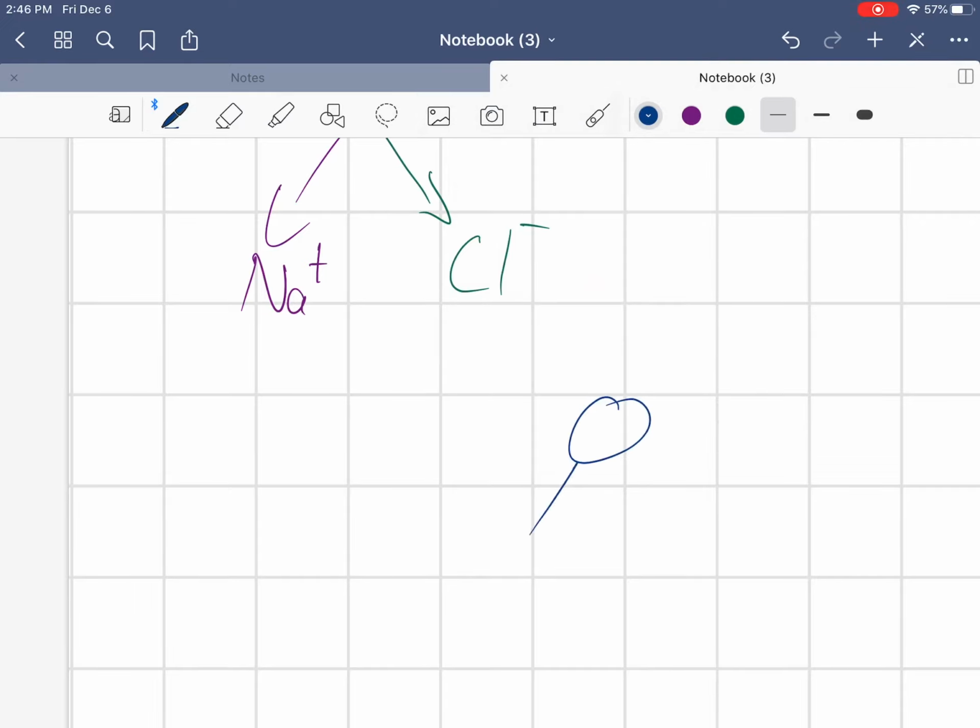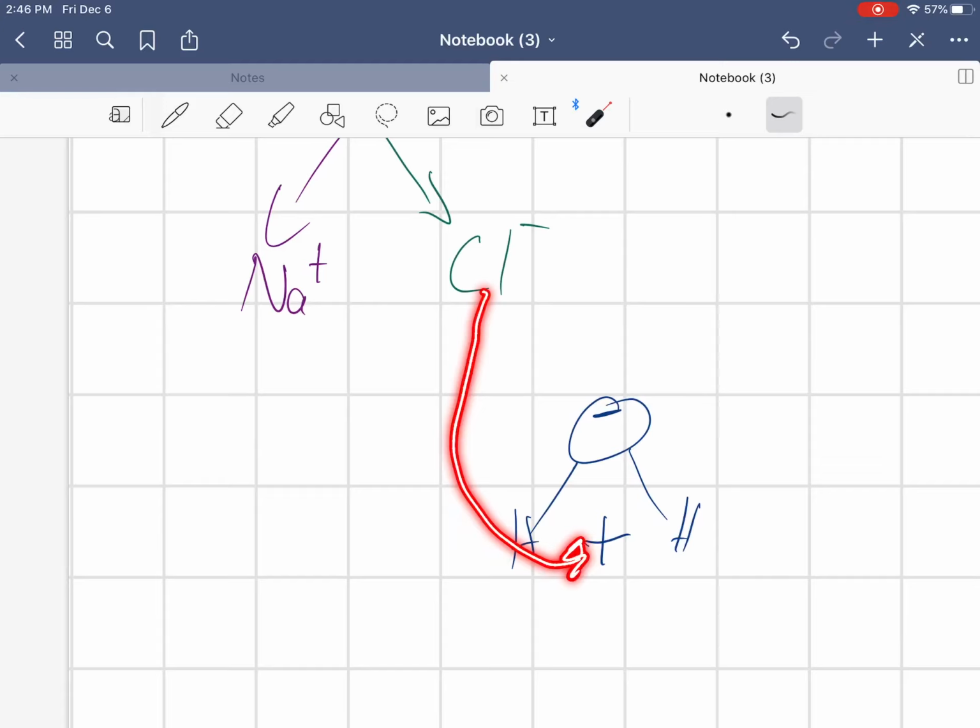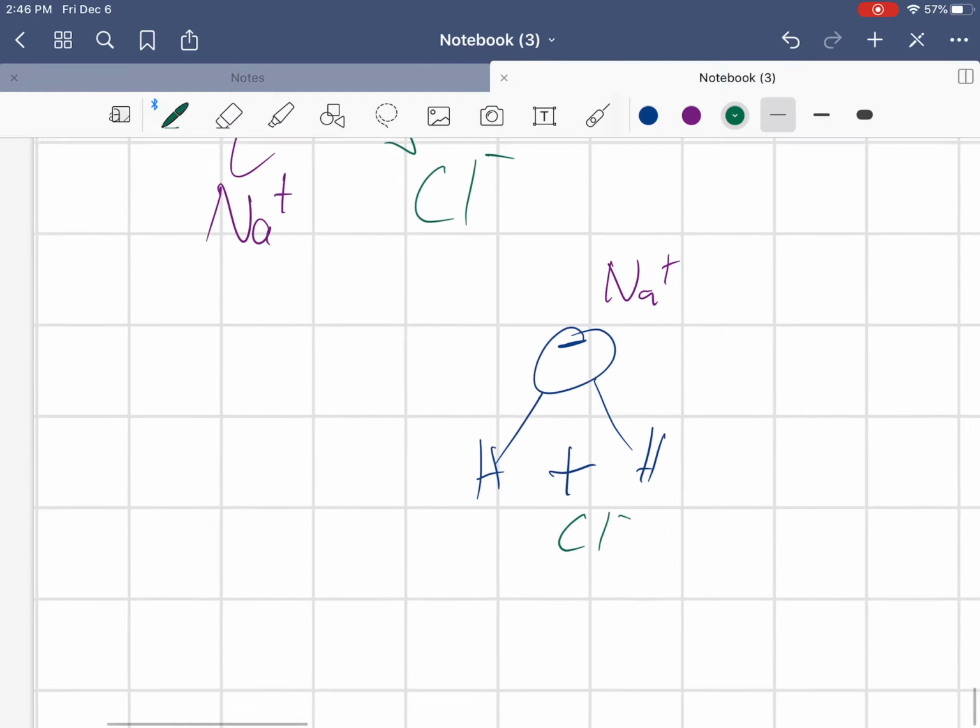Okay? It is not a neutral molecule. So water has a region where it has a positive charge and a region of a negative charge. And so, as you might expect, the chlorine is then attracted to this positive region and the sodium to the negative region. Okay? So, we'll draw these on here. So we've got a sodium here, a chlorine down here.